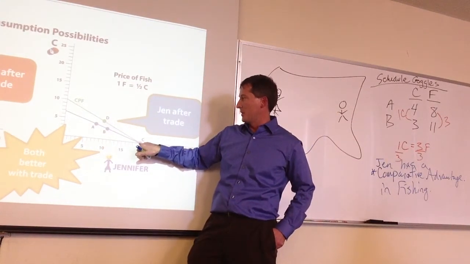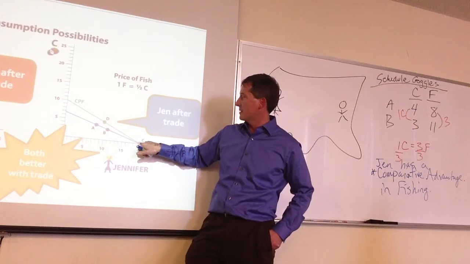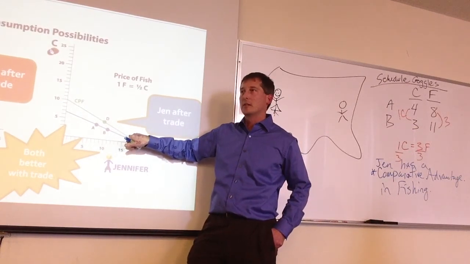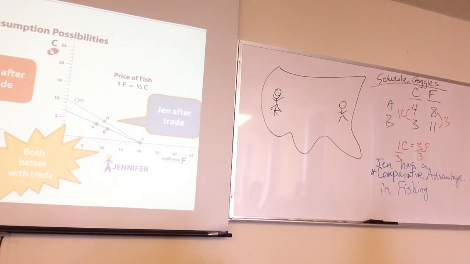Jen used to give up 3 fish to get 1 coconut. Now she gets a little bit more. Tom as well, same thing going on. If Tom gave up a coconut, he would only get 1 fish. Now he gets 2 fish. And the consumption possibilities are now greater than what you could do yourself.